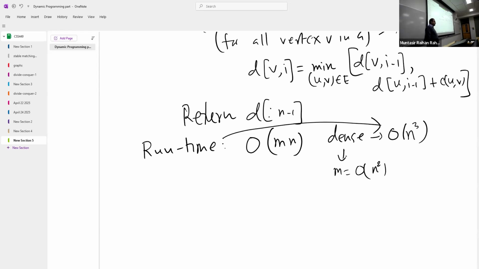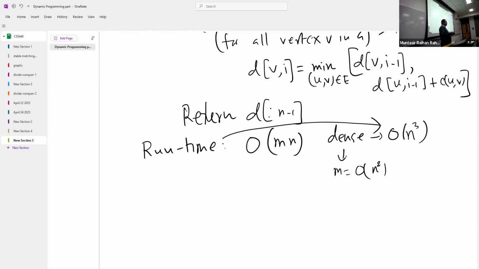But we have to represent the graph in the computer either as a matrix or an adjacency list. If it's an adjacency list, then how much space does it need? It's an array of linked lists, so it's going to be the number of edges, right?